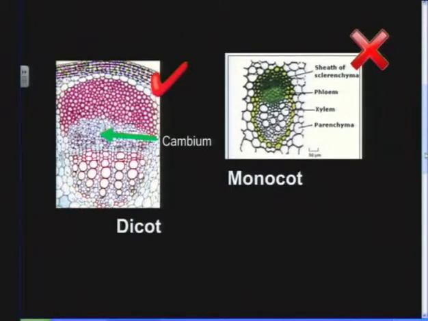First thing, in order to be able to divide, if we have a look at the dicot over here, you need cambium. If I look over here at my monocot, there I see the phloem, there I see the xylem, and I look for the cambium, and question mark, there's no cambium. So there's no cambium present in my vascular tissue.